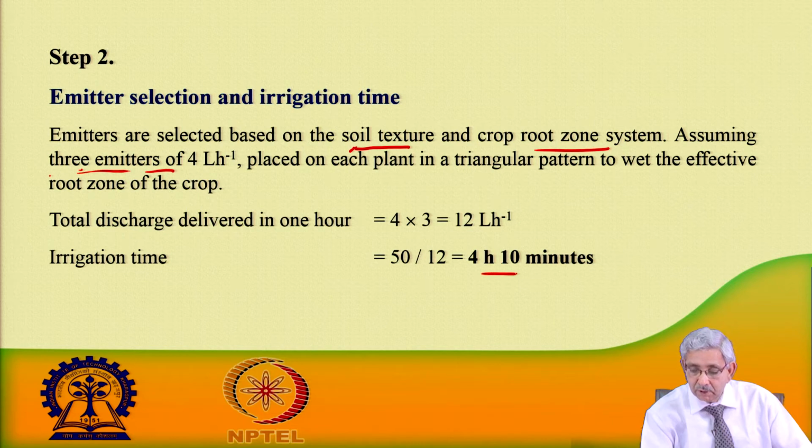So for each plant in the 1 hectare area, we have to operate the drip system for 4 hours 10 minutes. This is one of the important pieces of information we have generated when considering 3 drippers of 4 liter per hour.